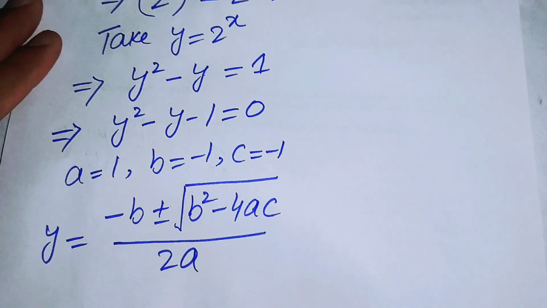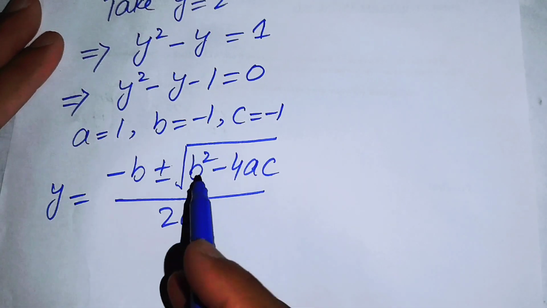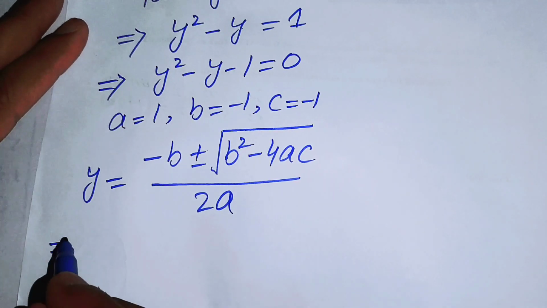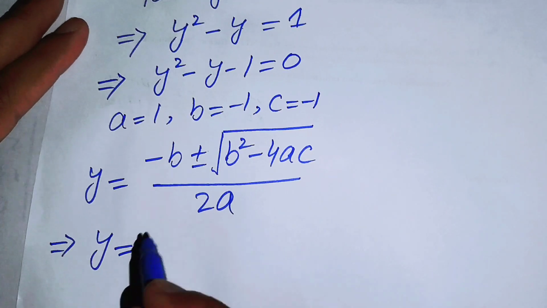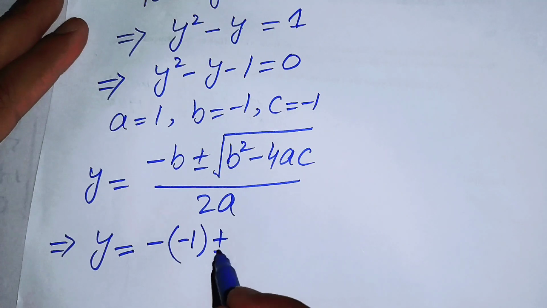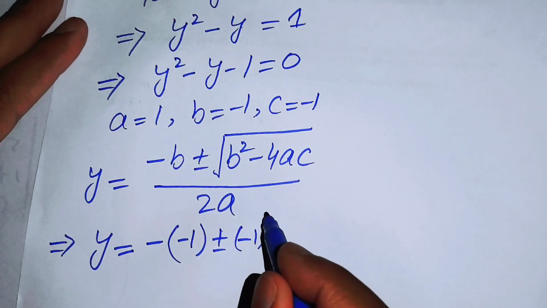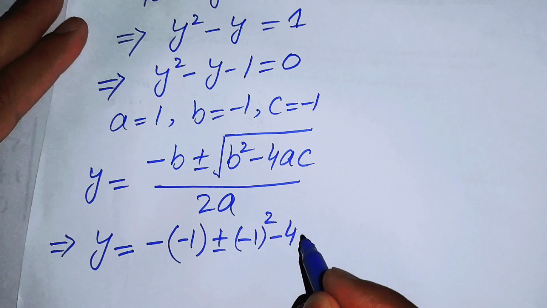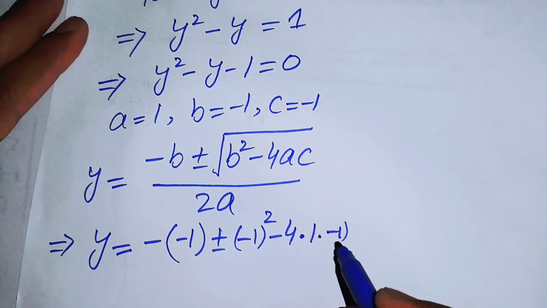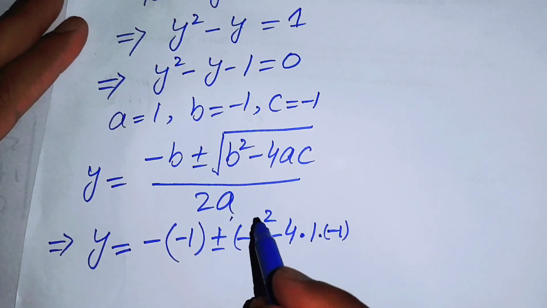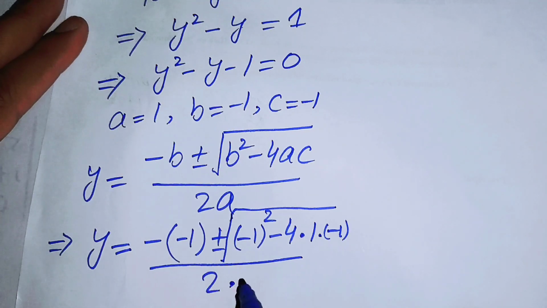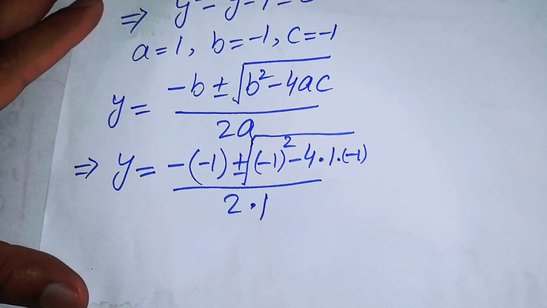Now we will substitute all the values of a, b and c in this formula, so this becomes y is equal to minus of minus 1 plus minus square root of minus 1 square minus 4 times a is 1 and c is minus 1, over 2 times a, and the value of a is 1.